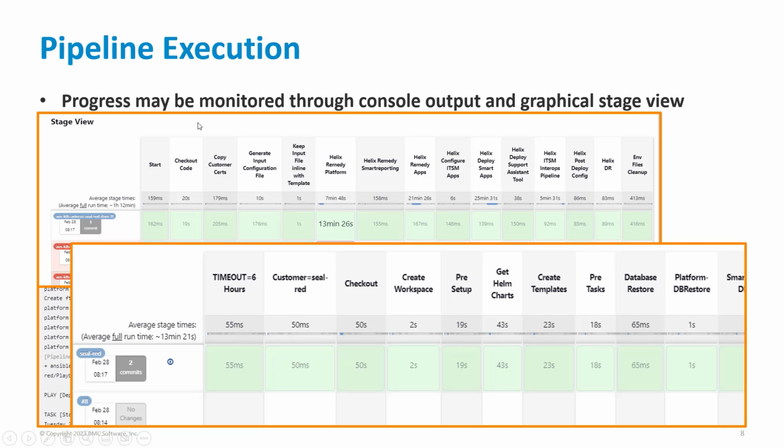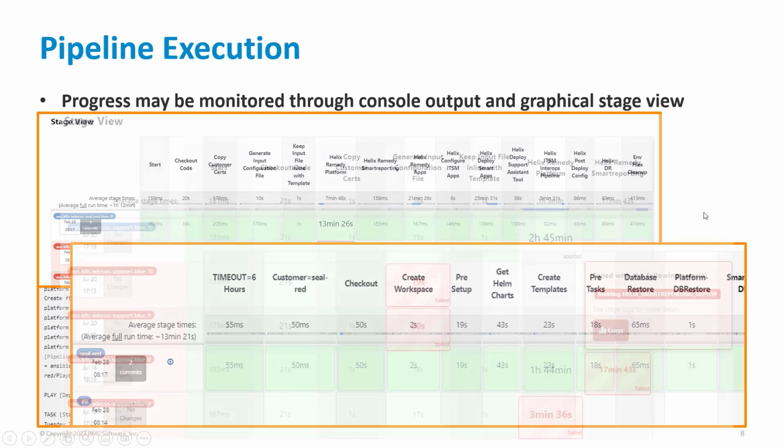At the top of your screen, you can see different applications. Helix Remedy platform is one application denoted by one pipeline, then Helix Remedy Smart Reporting is represented by another pipeline. So you can see which components the system has already deployed, and you can take further actions by checking these.